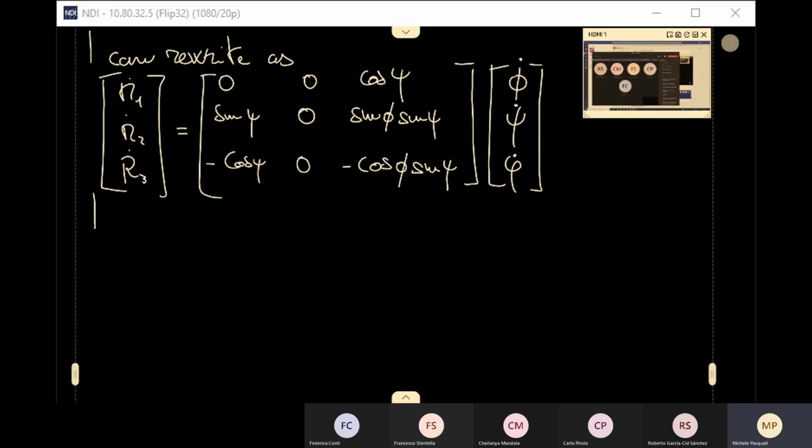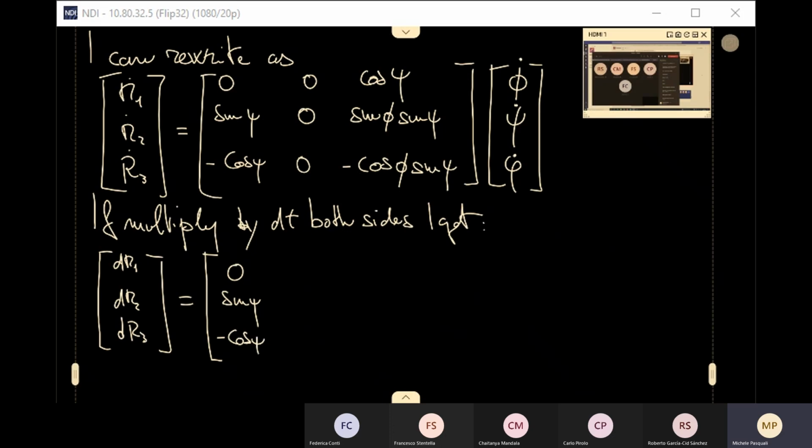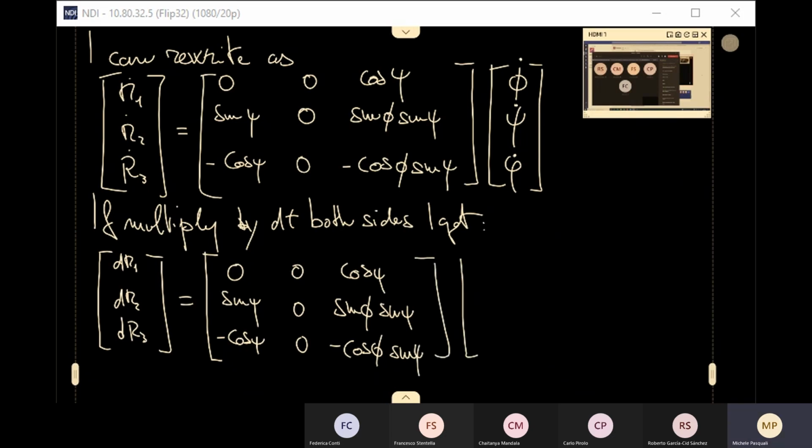If I multiply both sides by delta t or dt, I get dr1, dr2, and dr3 being equal to the same matrix, which I briefly rewrite here, times, in this case, delta of the angles.